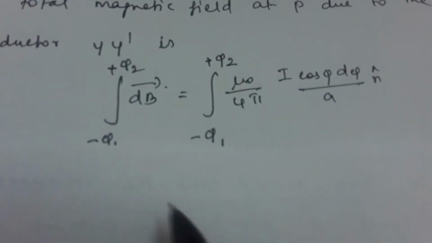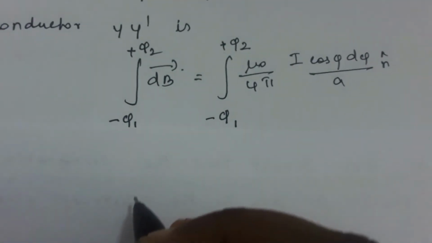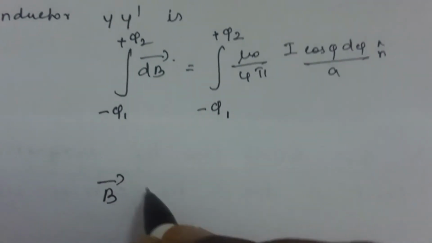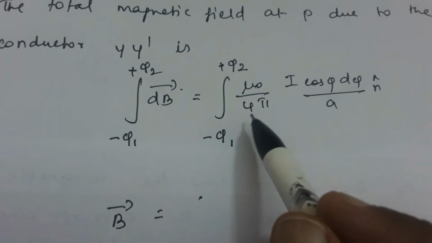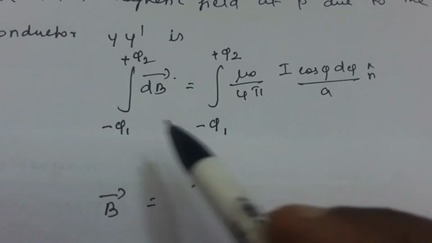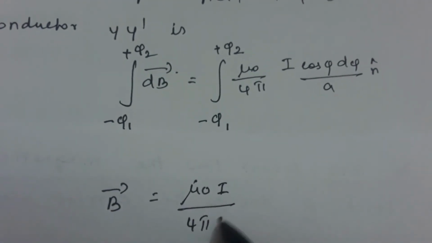Now the integral of dB is B only. So B vector is equal to the integral. Here mu 0, 4 pi, I, A are all constants, so I can take mu 0 I by 4 pi A outside.